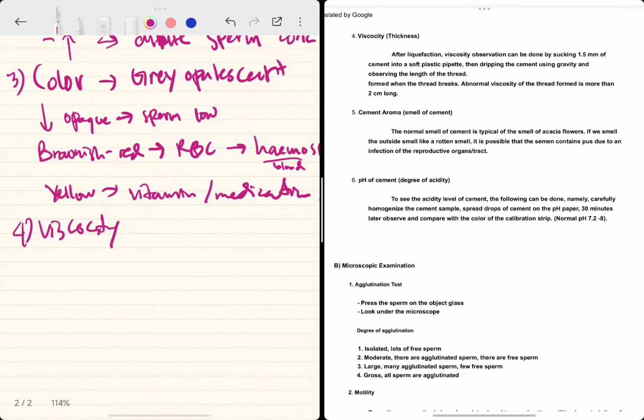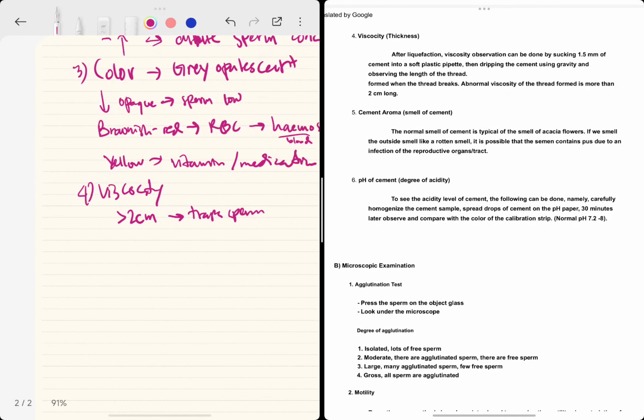If it's more than 2 centimeters, it is considered abnormal. High viscosity traps sperm, which could reduce motility if the sperm are healthy. This can also be due to prolonged abstinence or infections.